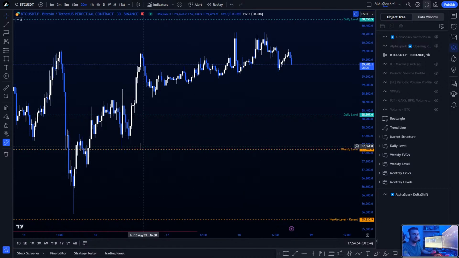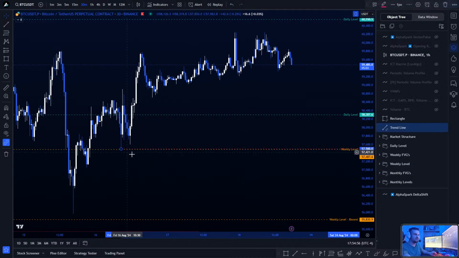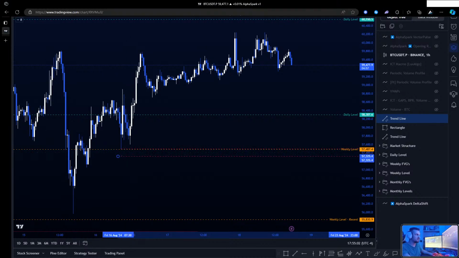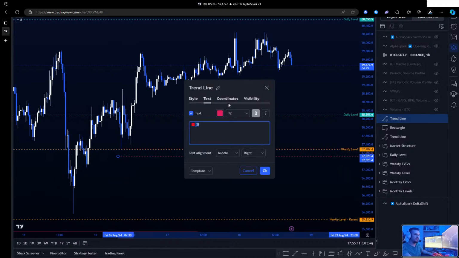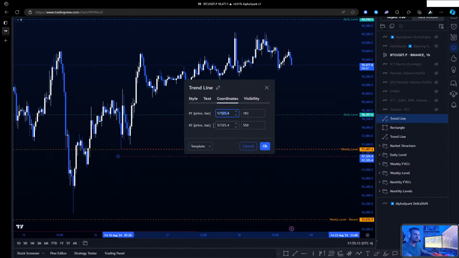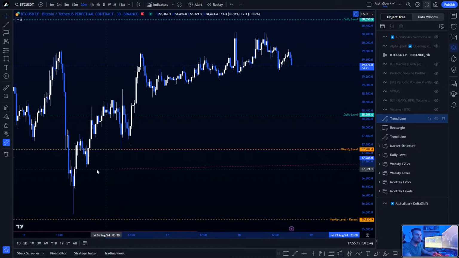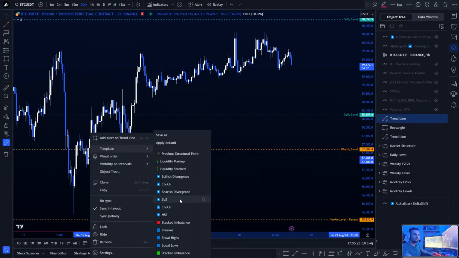Okay, so stacked imbalances over here, and then we have bullish ones at, let's see, 57,285. Okay, like that, bullish ones.